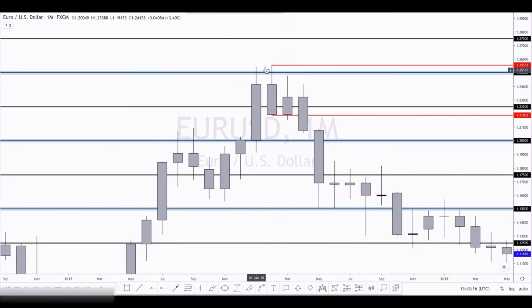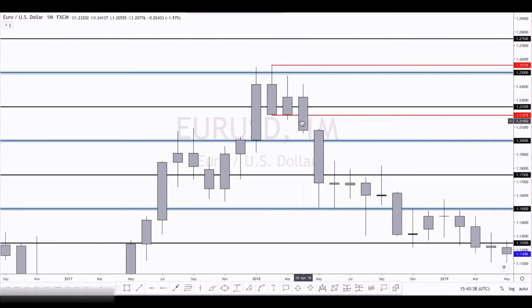We almost had this tweezer top reversal, and then we had a lower high and lower lows. So this candle here, for me, isn't a trigger to get in. As you see, that month ended up rallying right back up, so no one would have had a stop loss right back above 1.26, unless you're obviously a position or swing trader, a long-term trader.